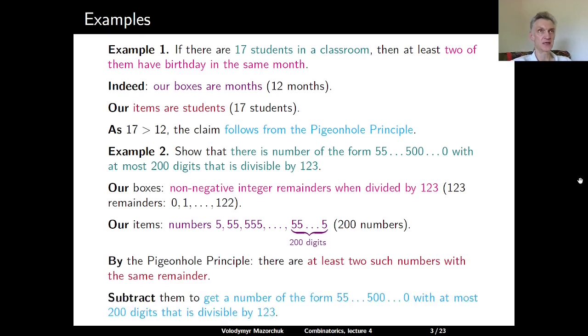So we take 2 different numbers with the same remainder, we subtract the smaller one from the bigger one, and we get a number of the form 55555, 00000, with at most 200 digits, that is divisible by 123.